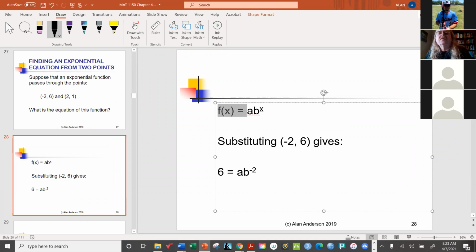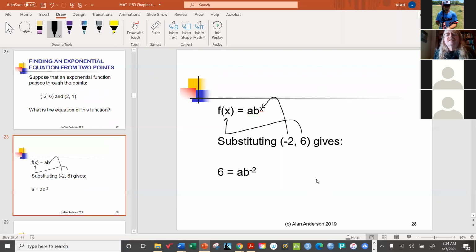This is our traditional or standard exponential function. We know that one of the points that it contains is (-2, 6). So when you're doing something like this, just be careful that you replace all the x's with -2, and f(x), which we know is equal to y, is equal to 6.